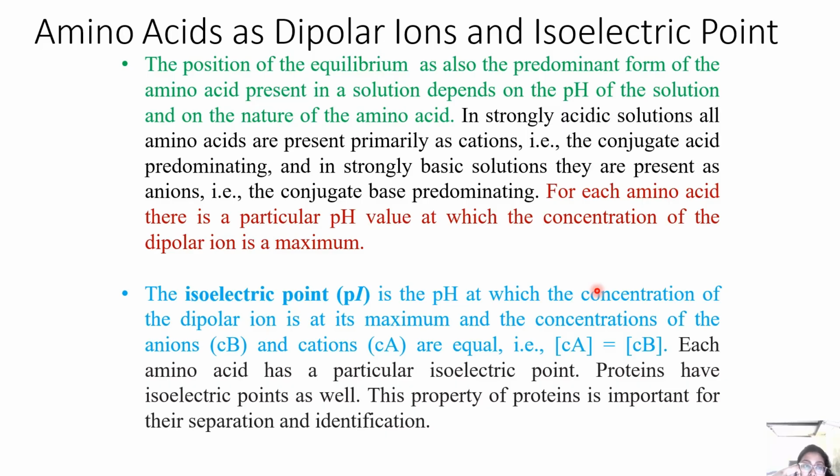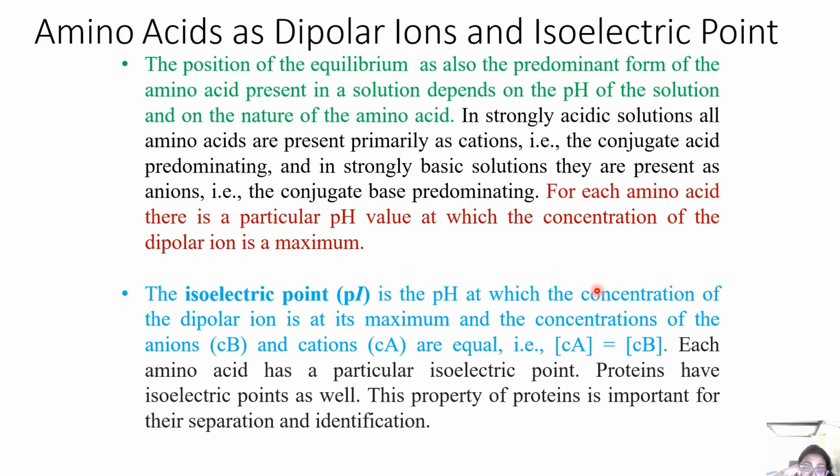For each amino acid, there is a particular pH value at which the concentration of the dipolar ion is a maximum. The isoelectric point is the pH at which the concentration of the dipolar ion is at its maximum and the concentrations of the anions and the cations are equal.